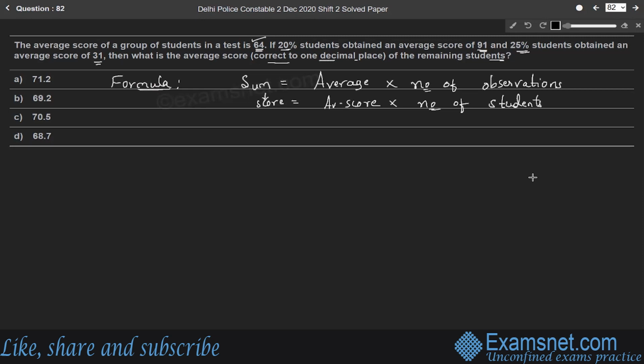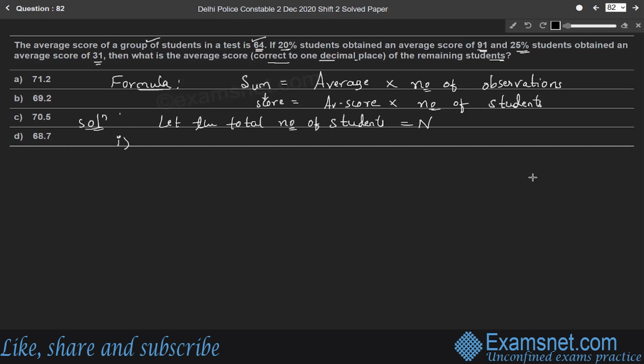So here in the first case, solution. Let us assume the total number of students in the group be n, right? In the question it is given that the average score of the group of students is 64.